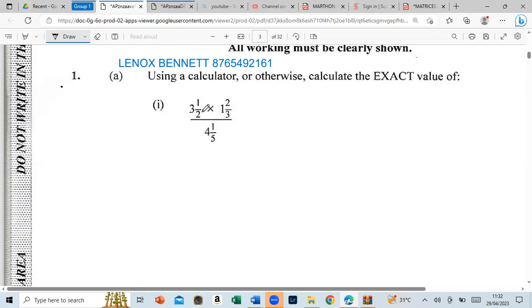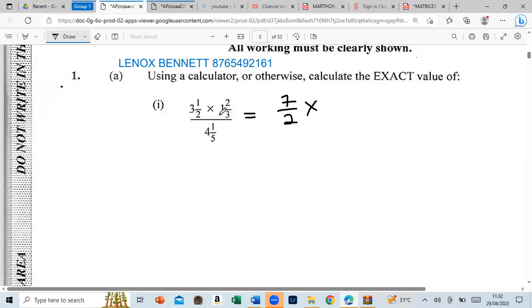All right, so we have 3.5 multiplied by 1 and 2/3 divided by 4 and 1/5. The first thing you want to do is work the top. So we convert the mixed numbers to improper fractions: 3.5 is 7/2, and 1 and 2/3 is 5/3. If you're watching the playback, pause the video and try.